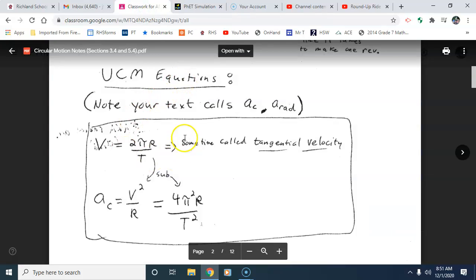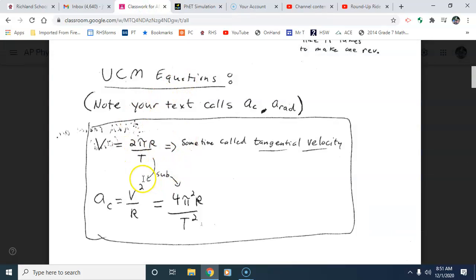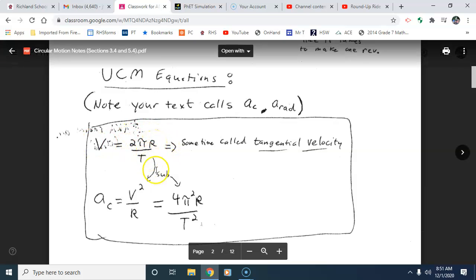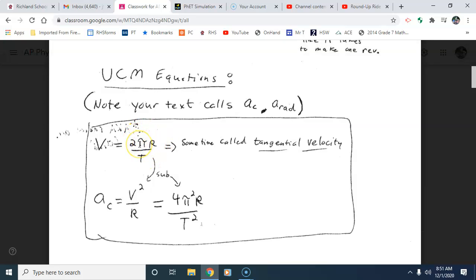In that case, we got to be very careful because just as in the past with linear v equals d over t, if we are not at a constant speed, then this formula at best is an average. And if this formula at best is an average, and this formula was used to make this formula, then we also have that problem.